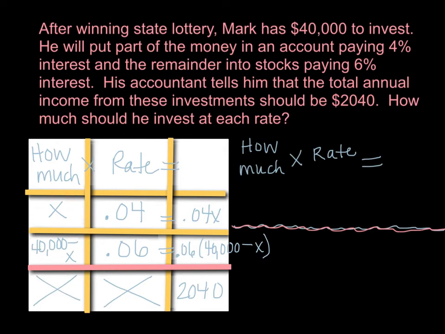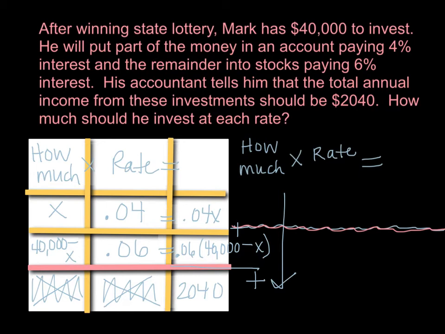So in this particular case, we're not going to use these bottom two boxes. Now, remember when I told you earlier when we go down, we add? What we have is 0.04x plus 0.06 times this quantity equals $2,040.